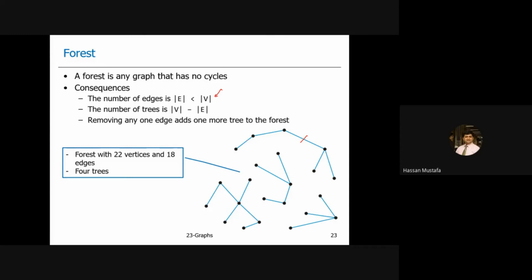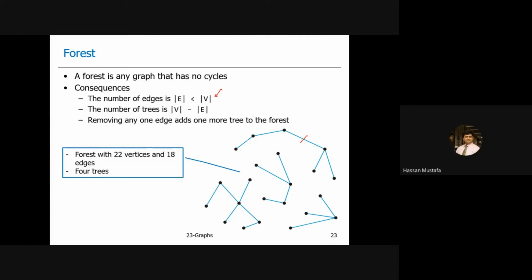Similarly in the forest, if I remove an edge, definitely it would add more trees in the forest. So that's a forest, and that's all for the terminologies of the undirected graphs.